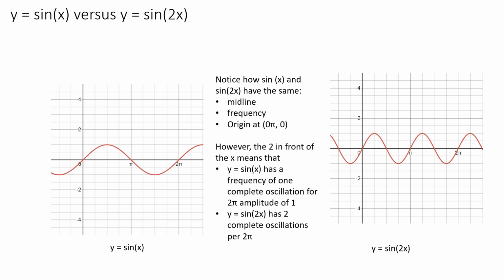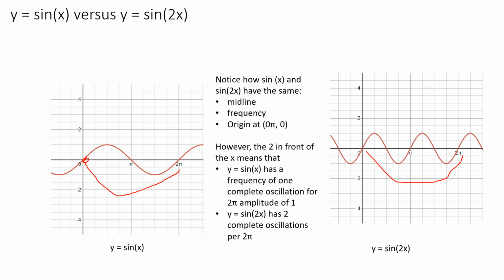Now in this one, I've got y equals sine x versus y equals sine 2x. And when I have the number after the sine, 2x here, or this x after the sine, this tells me how many oscillations there are per 2 pi. Notice most of these are both 2 pi, right from here to here. But there's only one oscillation.